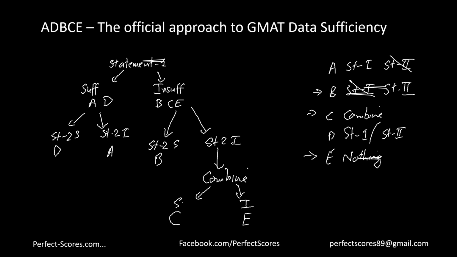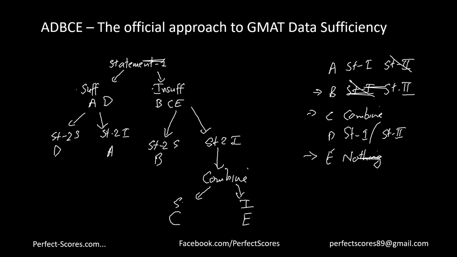When you look at a GMAT data sufficiency problem, first you try to solve statement 1. You get two possibilities. Either it turns out to be sufficient or it turns out to be insufficient. If statement 1 turns out to be sufficient, that means the possible answer options are A or D. Then you move on to statement 2.